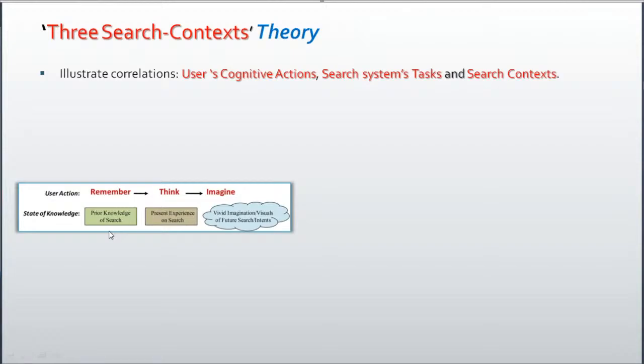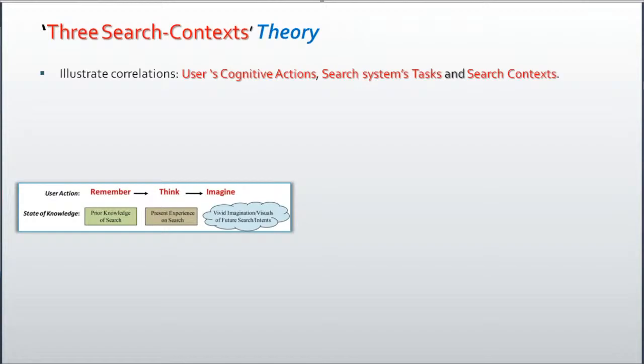Now the next stage is to imagine. After looking at the current set of results of the previous query, we start imagining what the possible set of results will be that the system will retrieve.